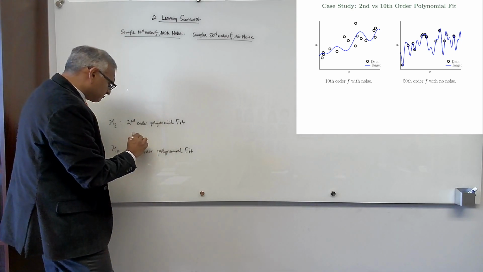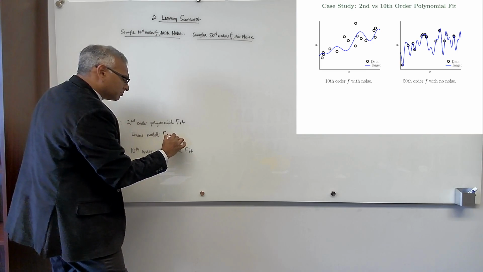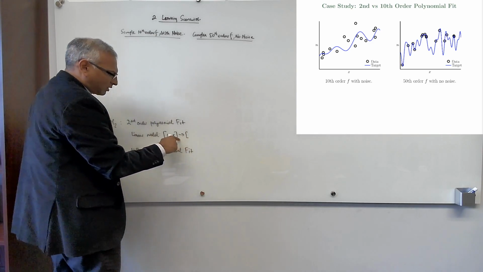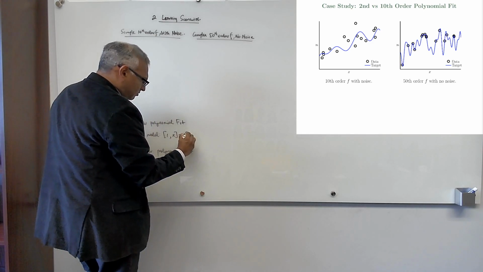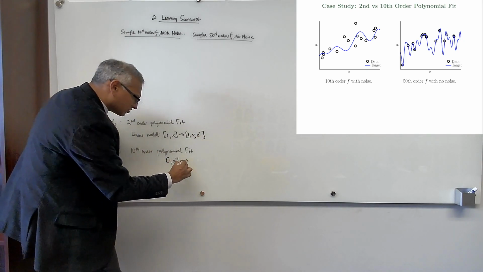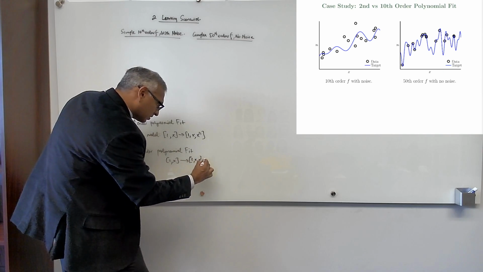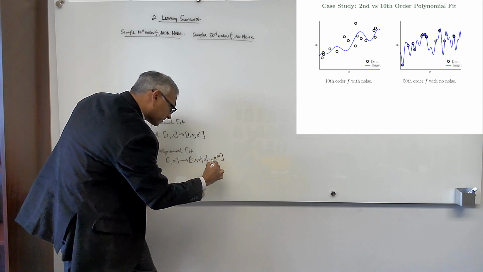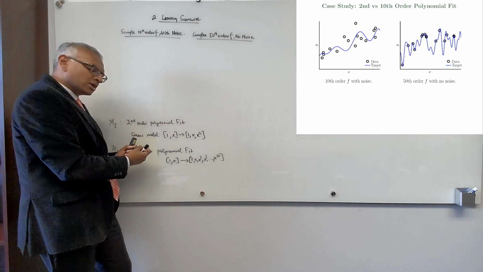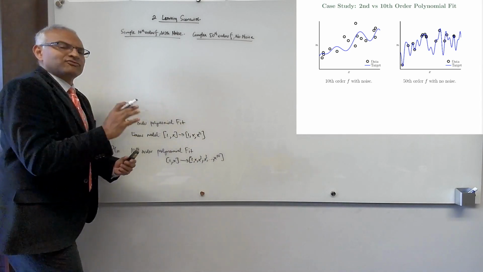So this is just the linear model with the transform that goes from the original augmented input (1, x) to the quadratic transformed x, which is (1, x, x squared). And in the 10th order polynomial fit, we go from (1, x) to the nonlinear 10th order transform, which goes to 1, x, x squared, x cubed, and so on up to x to the 10. In general, the qth order polynomial fit just corresponds to a nonlinear polynomial transform.